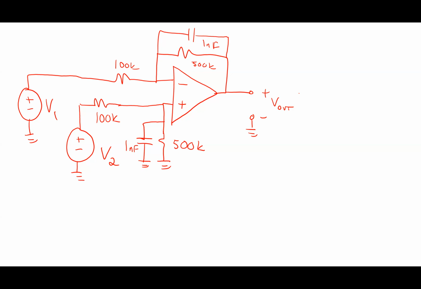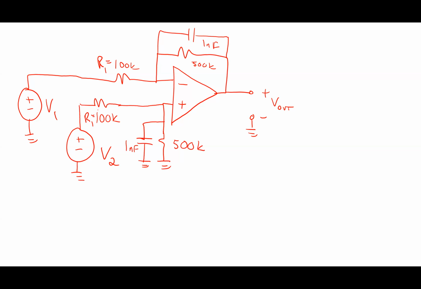Looking at this, here's the way I look at simplifying this: the 100Ks are the same. I'm going to call those R1. What do you notice about the other components there?